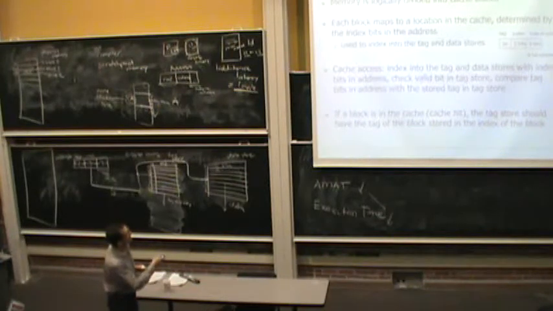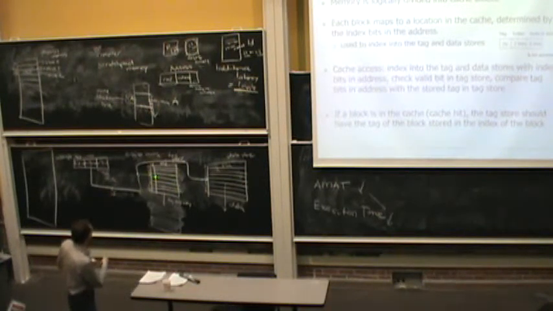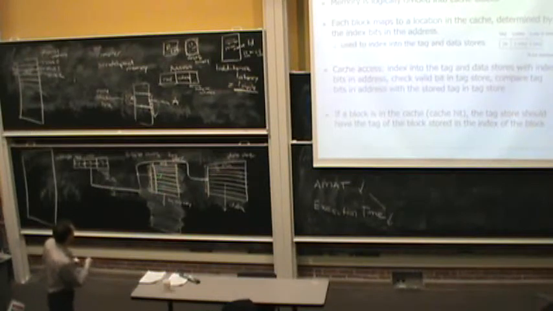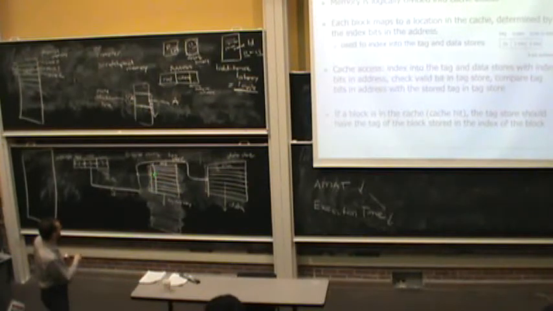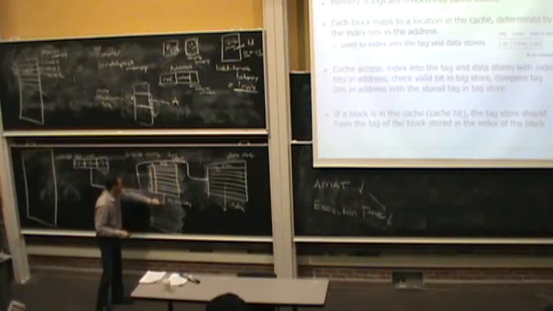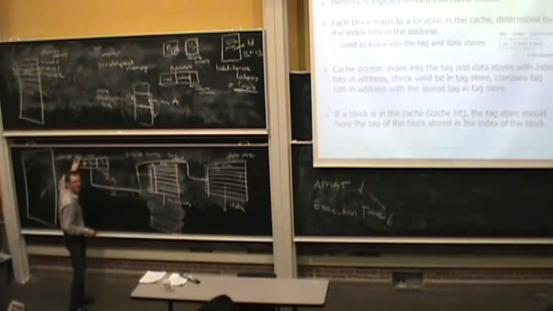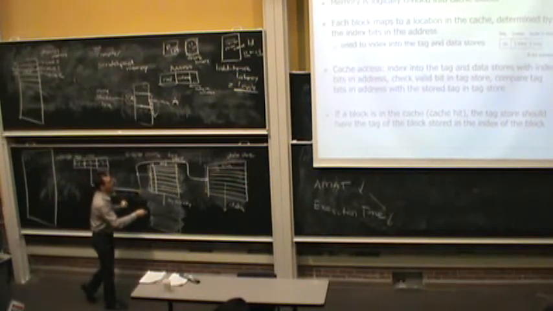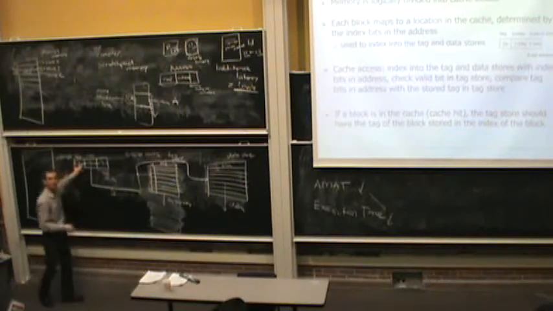Basically, when you get a cache access, you index into this tag store, you get the valid bit and the tag associated with the data. If the tag store entry says the entry is valid, that means there's some meaningful data here. The hardware compares the tag that's stored with the tag of the address. If they match, that means the data stored in this location is actually the data you were looking for. Okay.